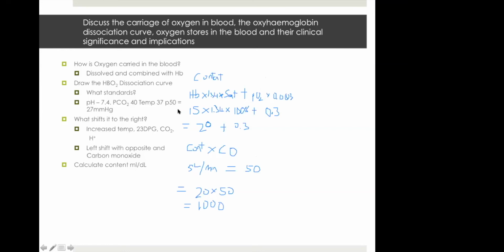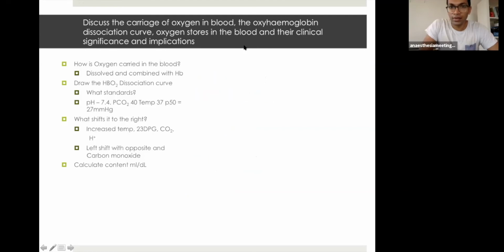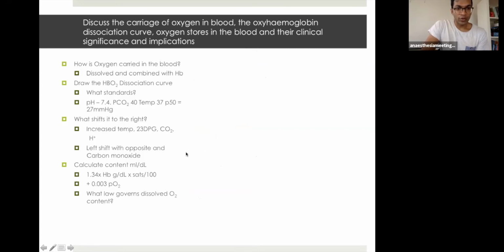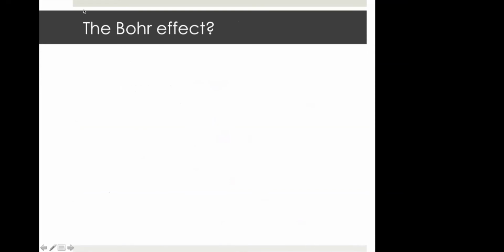Cool. Okay, I'm just going to clear this drawing. So yeah, 1.34 Hb grams per deciliter. What law governs that? That's all the information there. Okay, so, sorry Lahiru, one question.